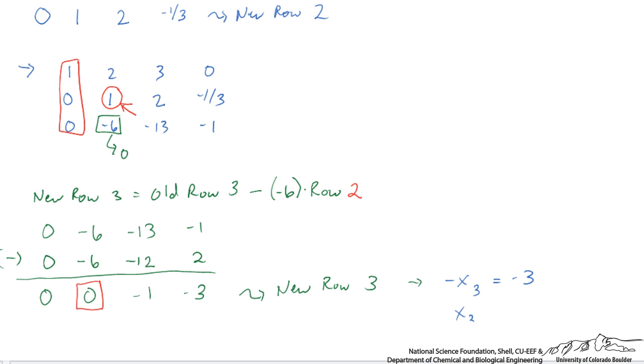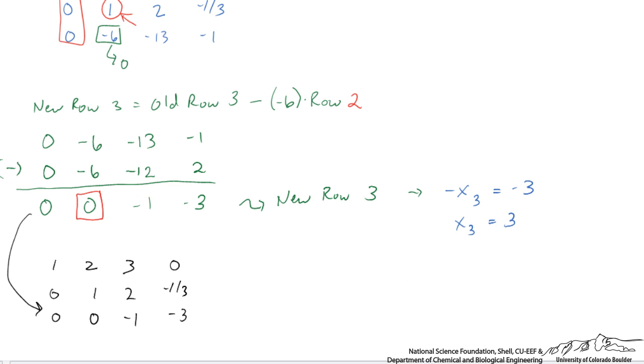So obviously x3 equals 3. The next step is to normalize this 3 to a 1, and that's easy. We just divide everything by negative 1. That is normalizing that 3 pivot, as it's called. This is a 3 pivot, this is a 2 pivot, and this is the 1 pivot.